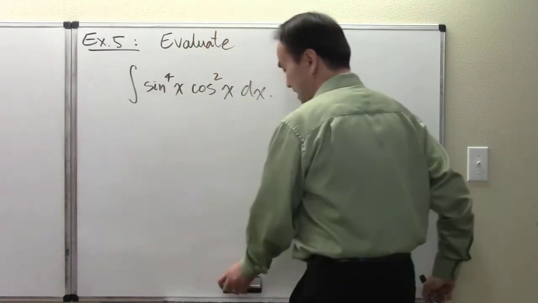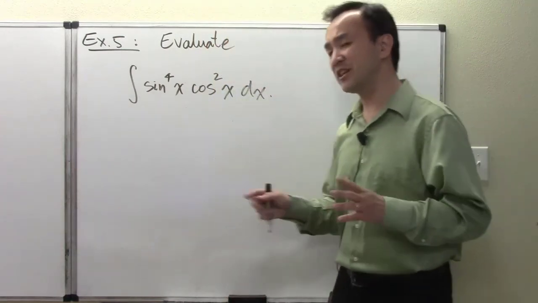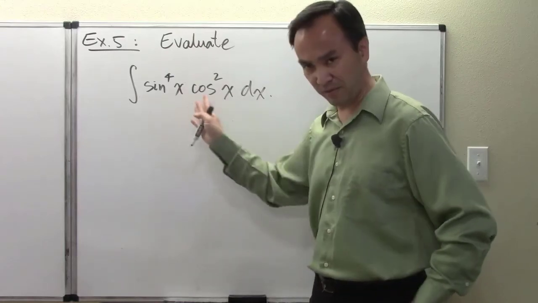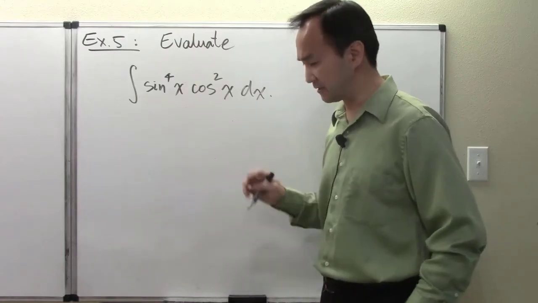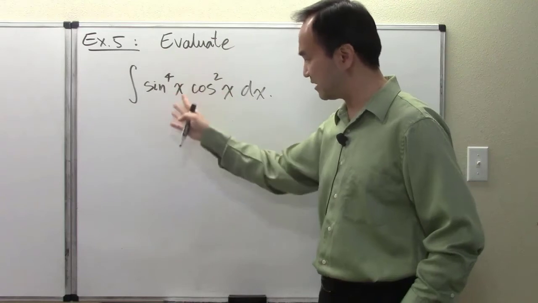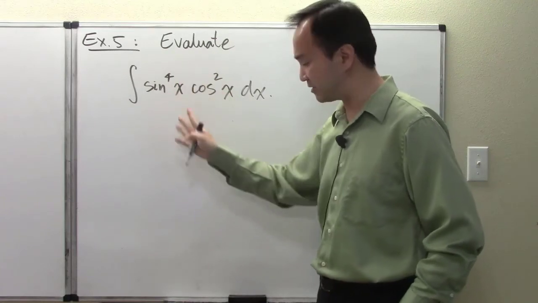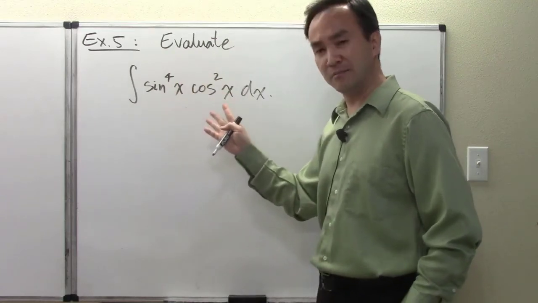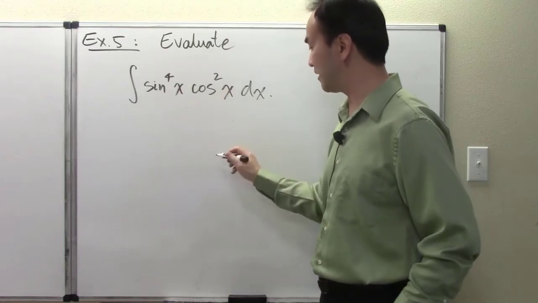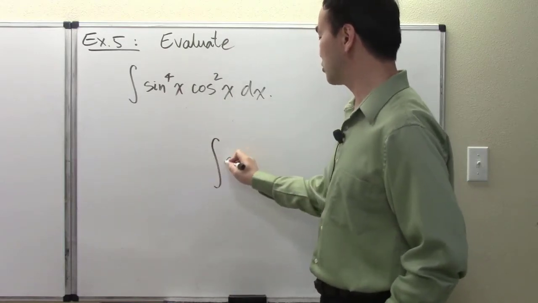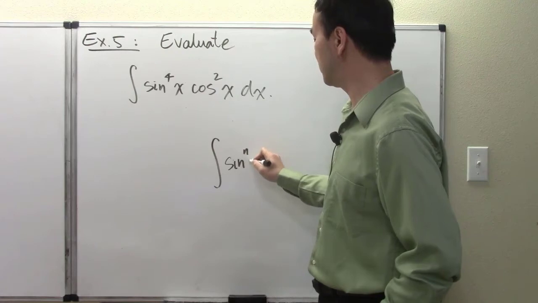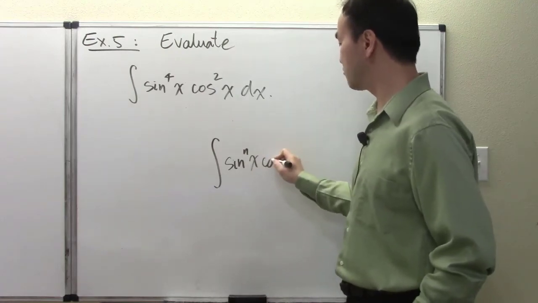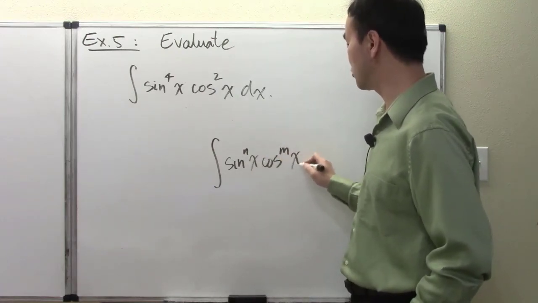All right, and so just like I said right before we begin with this example, this trig integral problem is apparently one member in the family of those integrals where it comes from a power of the sine in product with a power of the cosine.